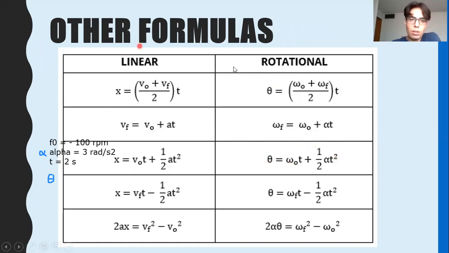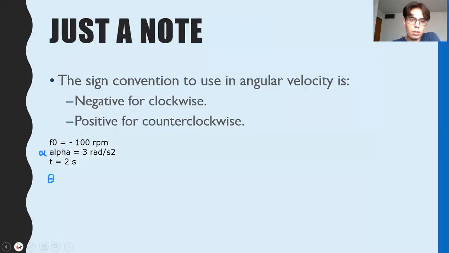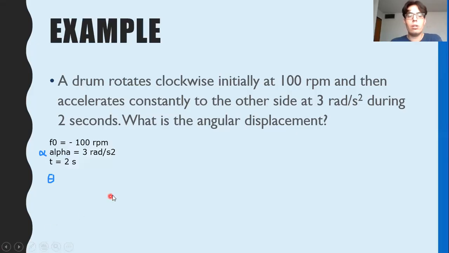Okay, so we go back to the other slide. That's it. And we can start applying that formula, right? Angular displacement equals initial angular velocity. Oh, okay, we are still missing changing the initial frequency to angular velocity. How do we do that? We said that we only have to multiply, right?